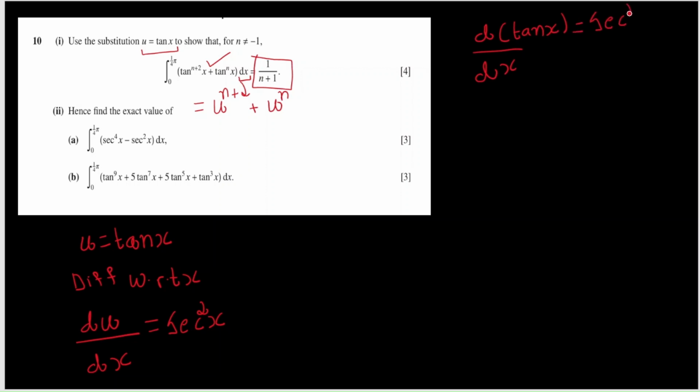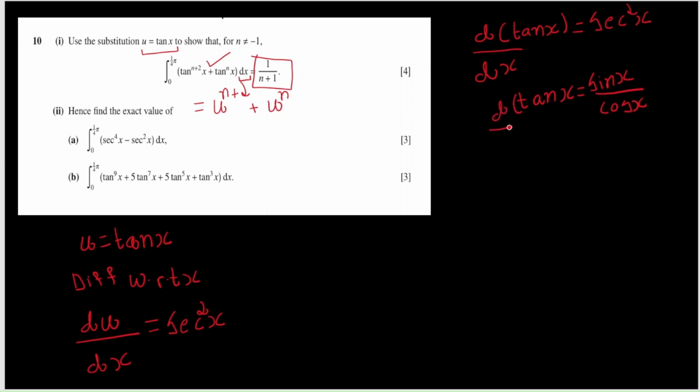To simplify things, I'm also going to show you why it is equal to sec square x. What happens is tan x is equal to sin x over cos x. And as you can see, sin x over cos x is in the quotient rule form. So we can simply use the quotient rule to differentiate it over here.